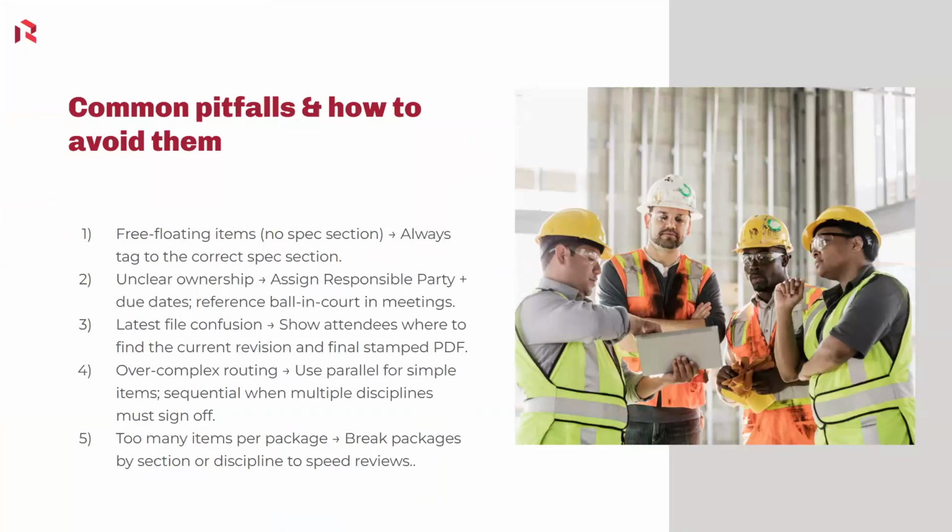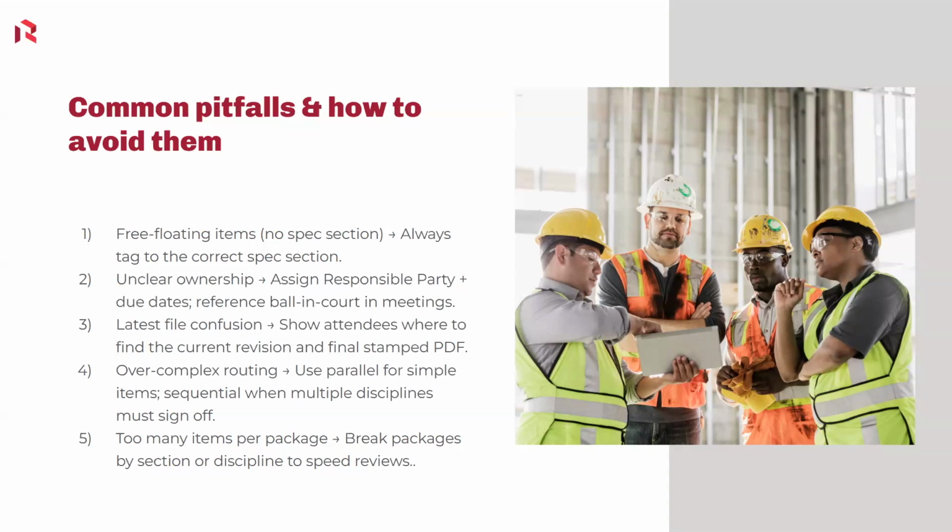And then some of the common pitfalls and how to avoid them. When you have items that are just out there, always make sure you tag the correct spec section. It's going to make it easier for your architect and your GC to look at where it needs to be.